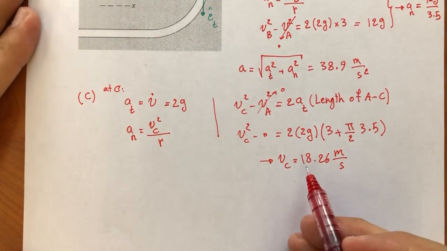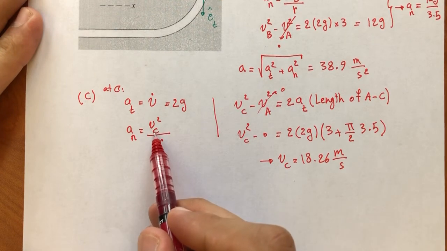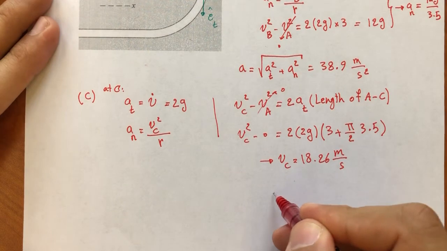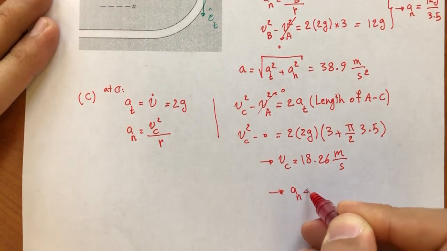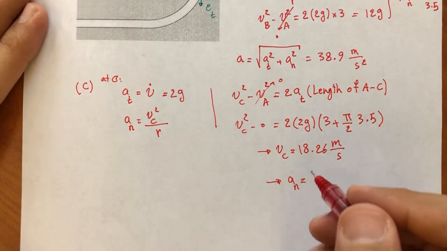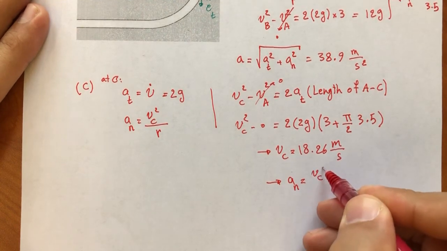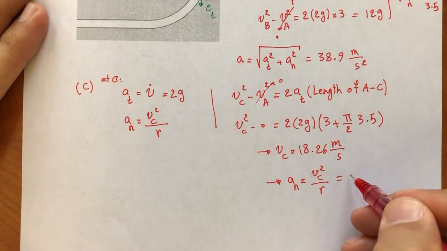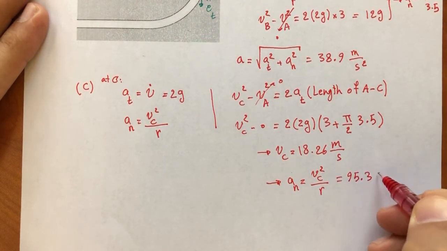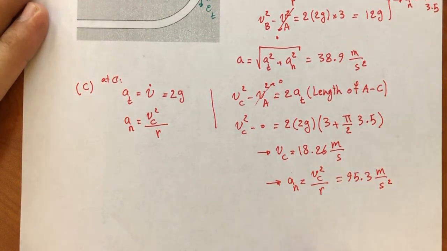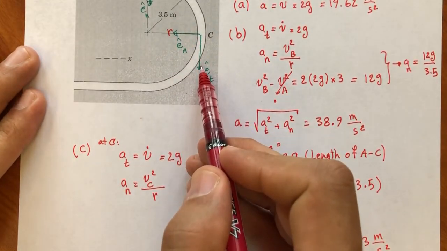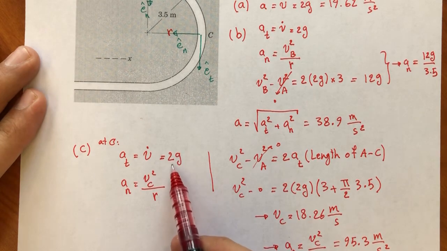Now, after finding the velocity, I can plug it back here to find the acceleration in the normal direction. So acceleration in the normal direction at point C is going to be equal to VC squared divided by R, which is going to be equal to 95.3 meter per second squared. So that's the acceleration in the normal direction, and acceleration in the tangential direction is still 2g, or 19.62.